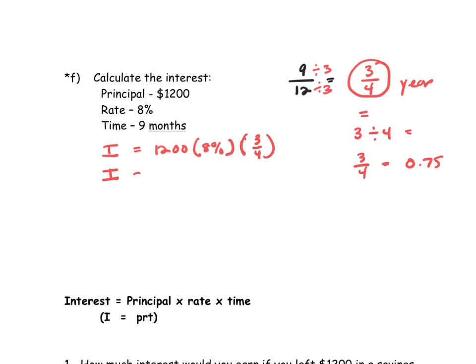So that's an option too. So in your calculator, we have to make 8% into a decimal by dividing by 100. And if you don't have a calculator that will convert to a fraction, we could do it by dividing the top number by the bottom number. So take time and do that, please. And hopefully you had the interest is $72.